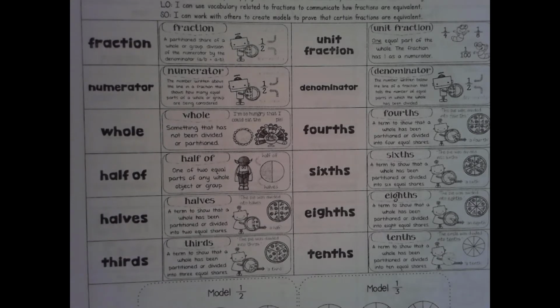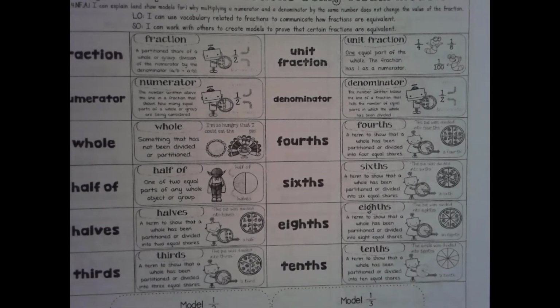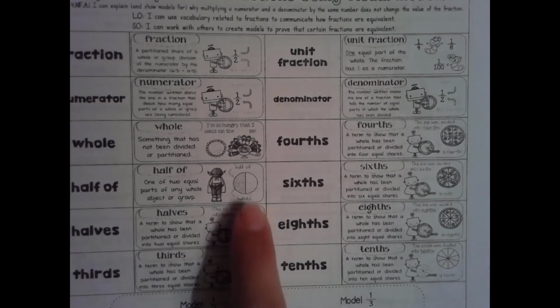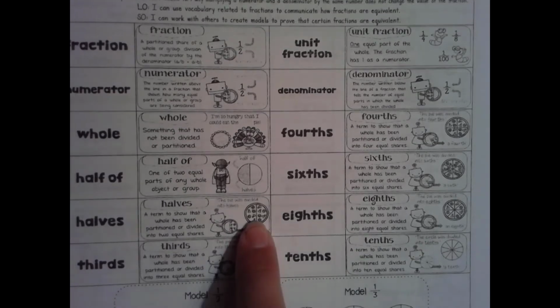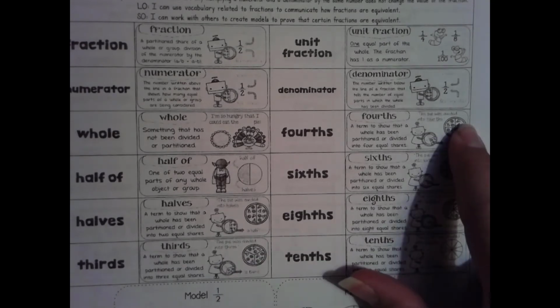Thirds, a term to show that a whole has been partitioned or divided into 3 equal shares. So thirds. Fourths, a term to show that a whole has been partitioned or divided into 4 equal shares. So far we have 2 ways of saying 2, 3, 4.